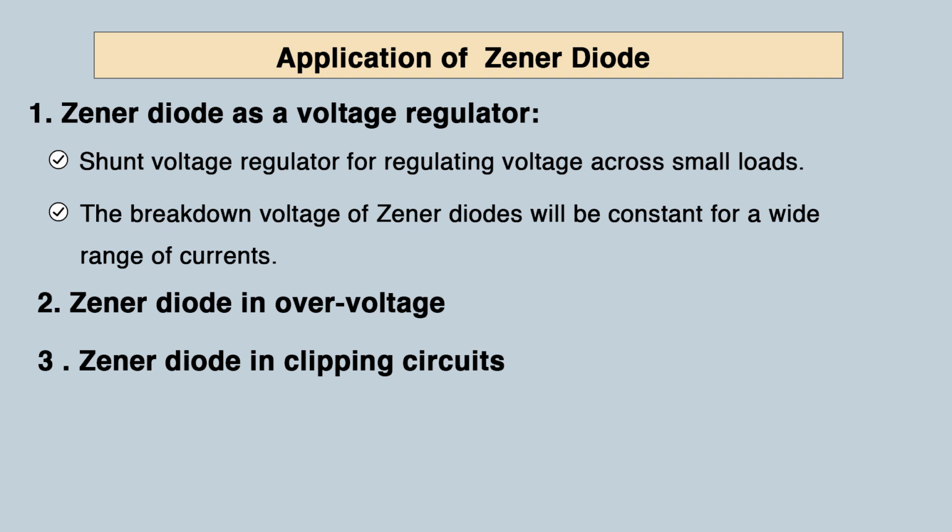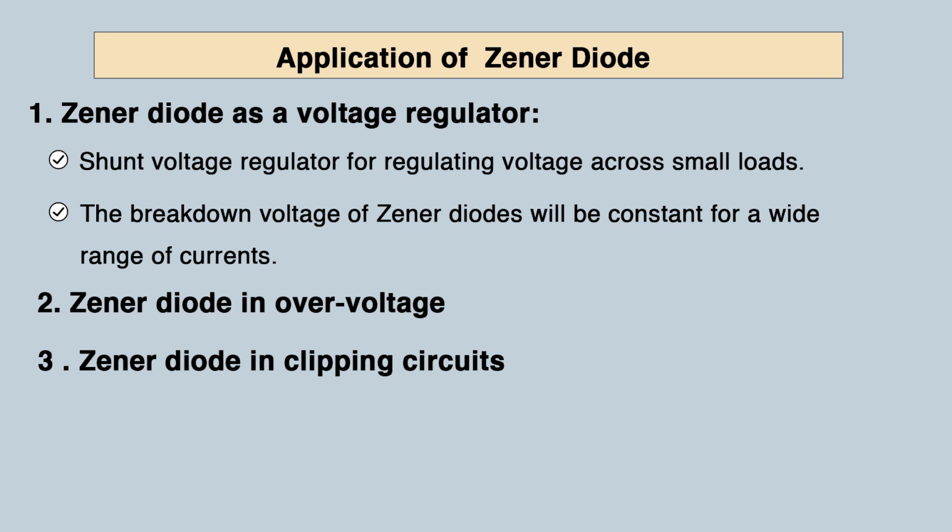Zener diode is used in over voltage protection. When the input voltage is higher than the Zener breakdown voltage, the voltage across the resistor drops, resulting in a short circuit, and this can be avoided by using Zener diode.